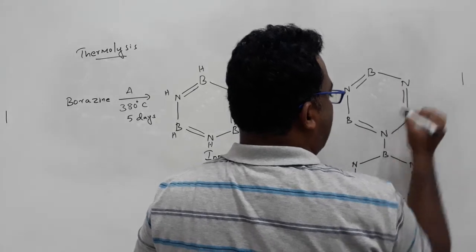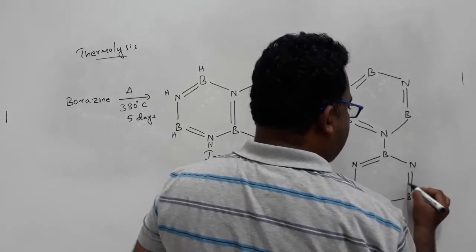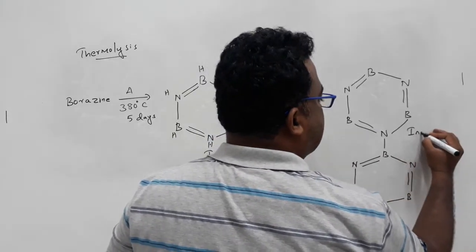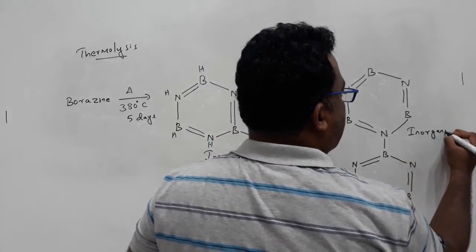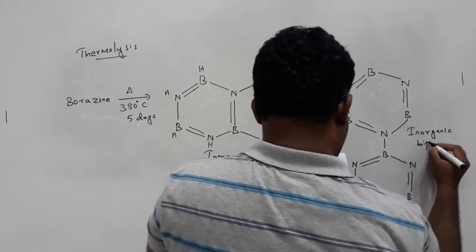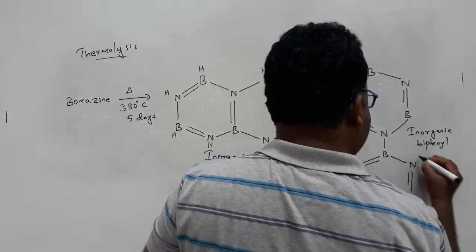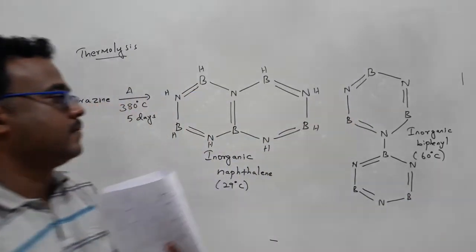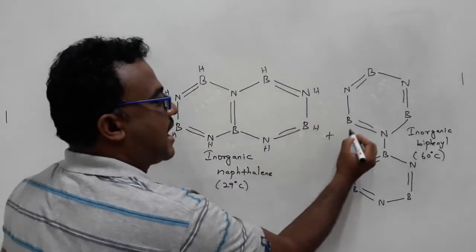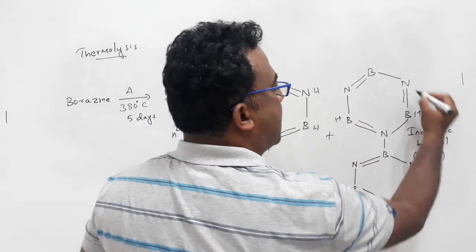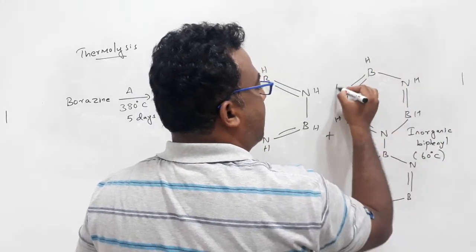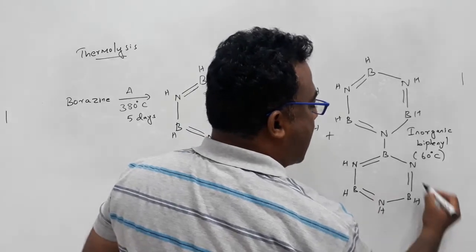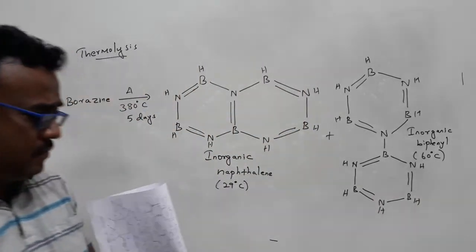Again, you put a coordinate covalent bond everywhere. This compound will be called inorganic biphenyl. This compound has a melting point of 60 degrees Celsius. These two compounds can be obtained. Everywhere there should be hydrogen to complete the valency of both boron and nitrogen.